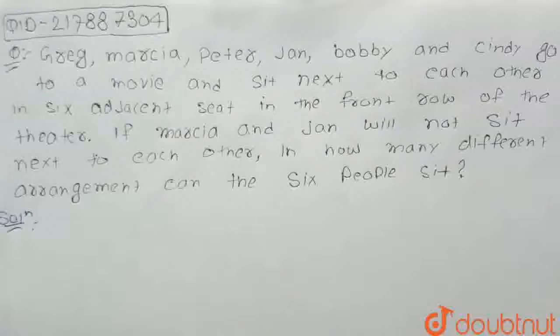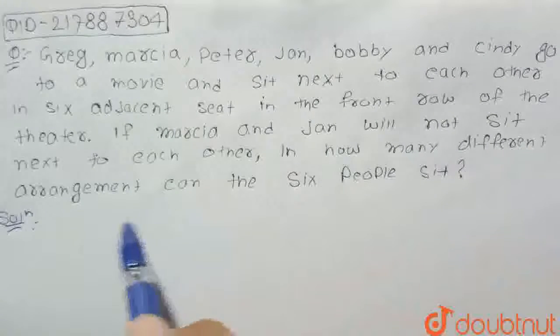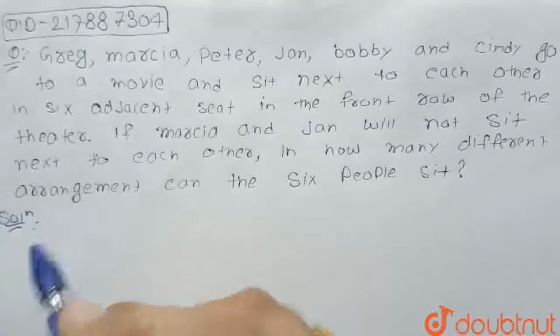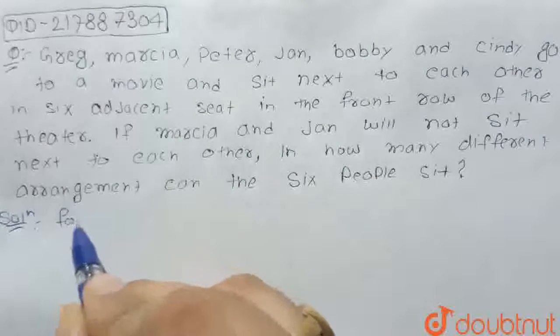So, what we have to find? We have to find how many different arrangements can the 6 people sit. So, what we will do? We just use the following formula.